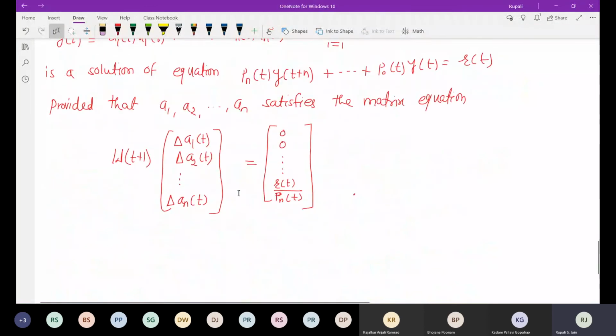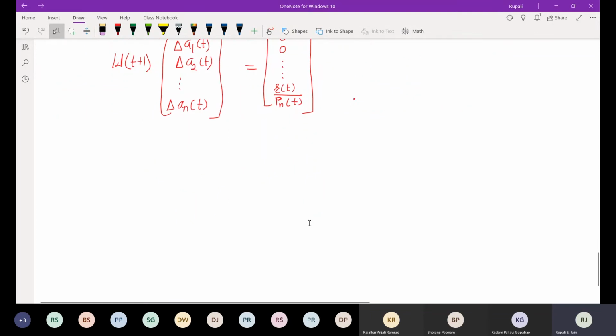When we are solving an nth order equation, we will have n equations. We have seen this variation of parameters method for n is equal to 2. In that case, we have got two equations in two unknowns, which are 4 and 6. What is the matrix of coefficients for delta A1t and delta A2t?